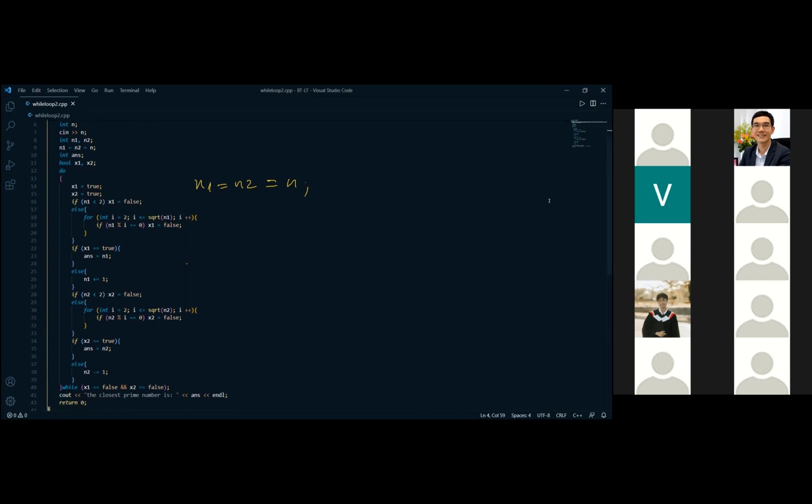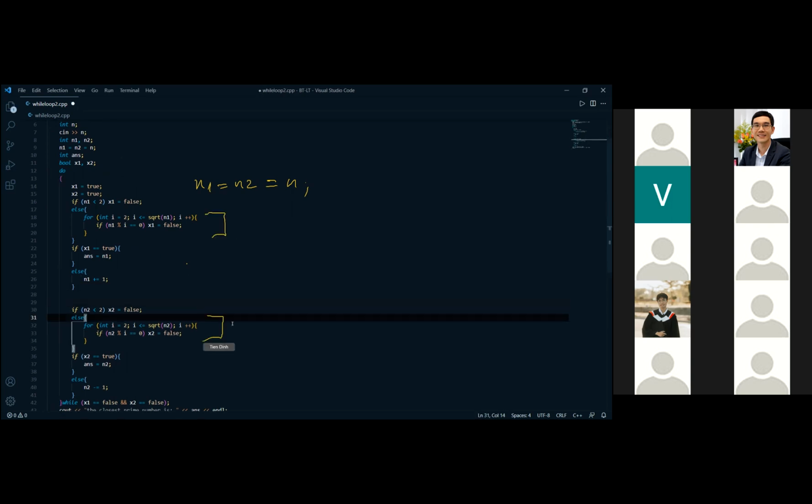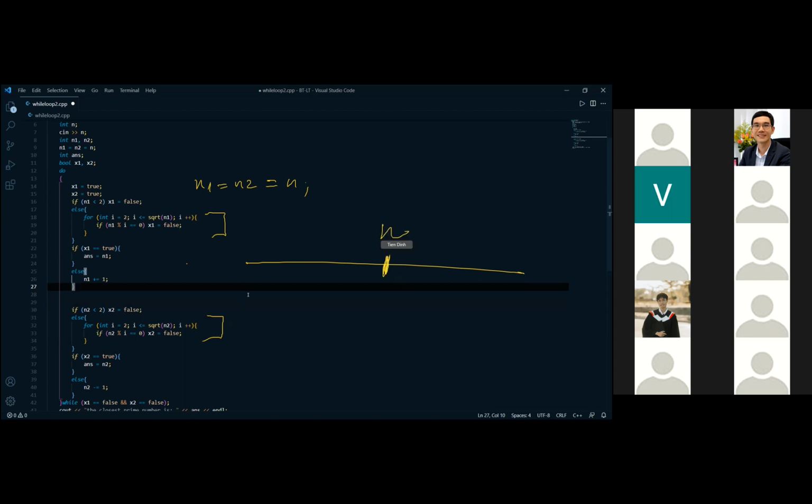So look at the loops. He got this for loop, and you all know the meaning of the for loop. And with the n, he tried, one is going up and one is going down.